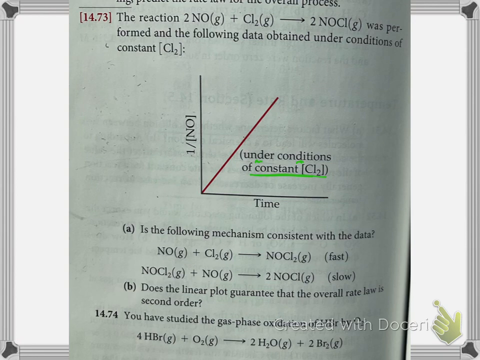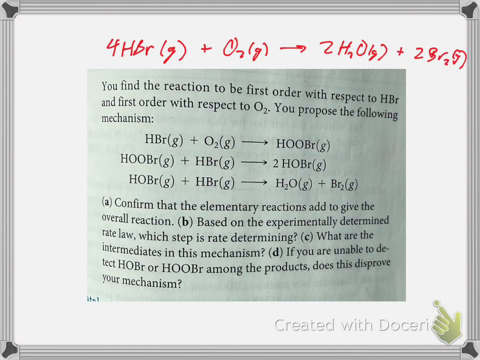But then, two, also, we don't know anything about the reaction order of chlorine. We've established the reaction order of the NO, but we don't know the reaction order of chlorine. So we would need to repeat the experiment and keep the concentration of NO fairly constant by using a large concentration of it and allow chlorine to change concentrations so that we could determine the reaction order of the chlorine separately. So, all right, and then the bottom overall reaction I'm going to carry over to the next page.